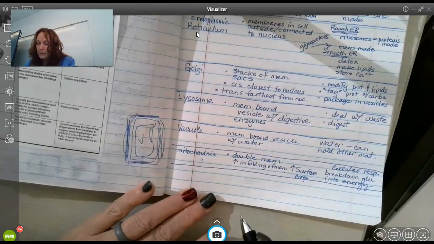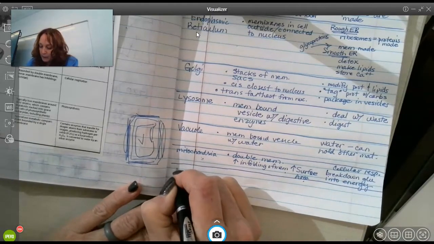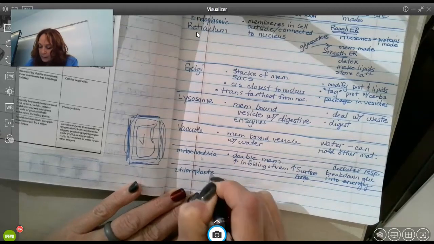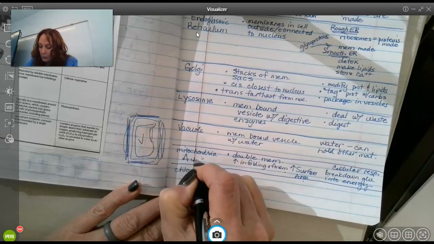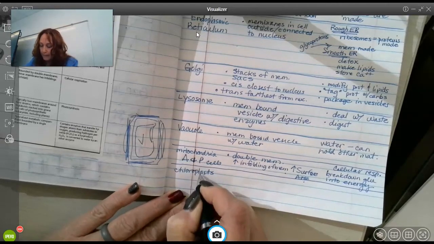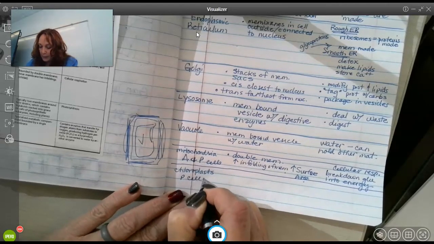Pretty much the exact same thing, but backwards, is the chloroplast. Mitochondria are in animal and plant cells. Chloroplasts are in plant cells only.